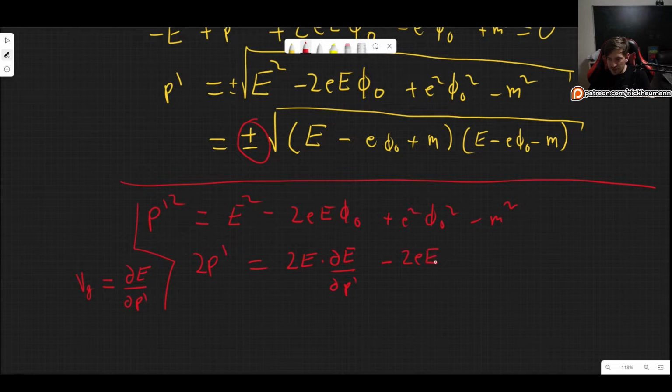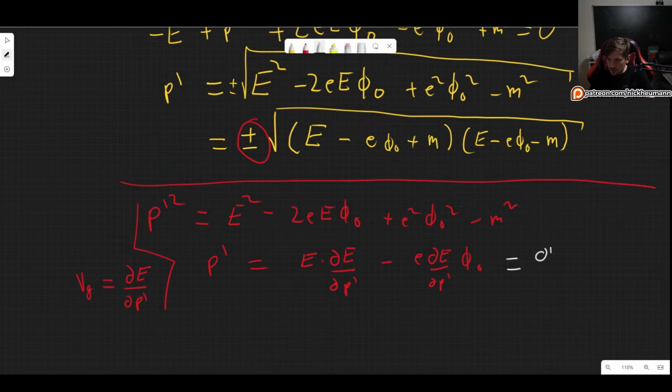And this energy will now simply be dE/dp prime. We don't really know exactly how they relate, so let's just keep it open. And none of these other things depend on p prime, so they are 0. Now we can divide by 2, so this goes away, this goes away, this goes away. And now we can factor out this derivative.